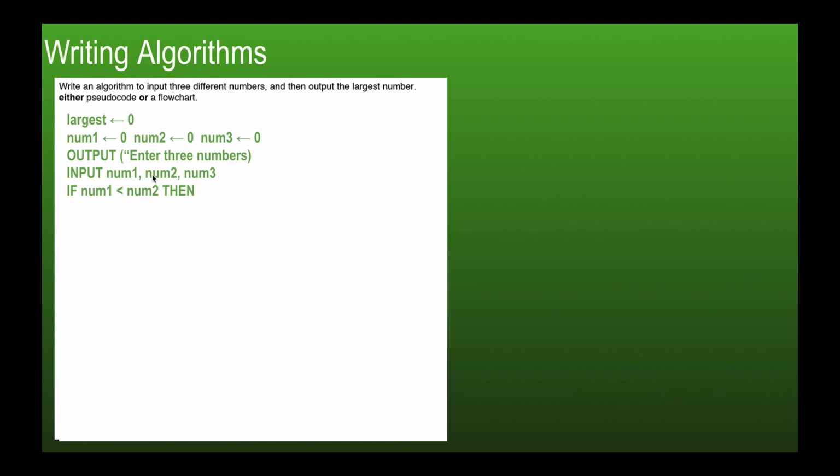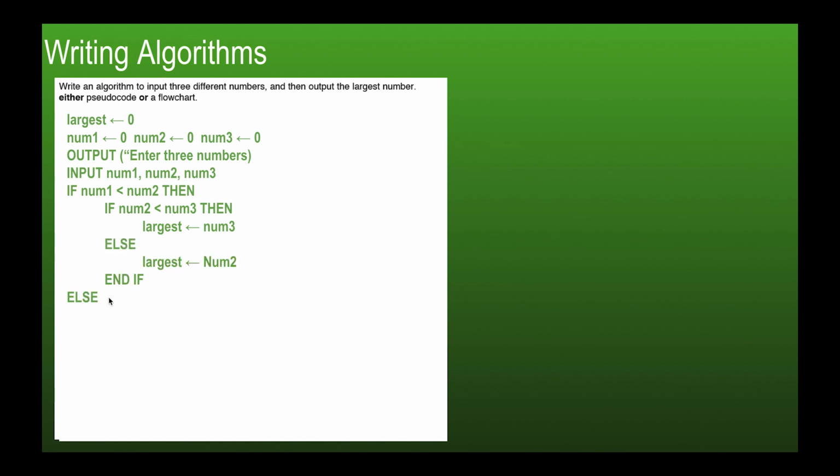So if I know that number 2 is larger than number 1, then all I need to do is find out if number 2 is larger than number 3. So I'm going to see, is number 2 less than number 3? So if number 3 is bigger than number 2, and it's also definitely going to be bigger than number 1 because number 2 is bigger than number 1, then the largest number must be number 3. But if it's not true that number 3 is bigger than number 2, and I already know that number 2 is bigger than number 1, then the largest must be number 2.